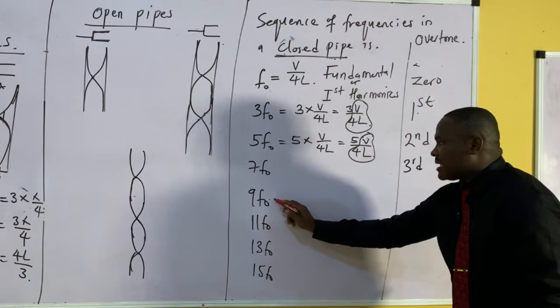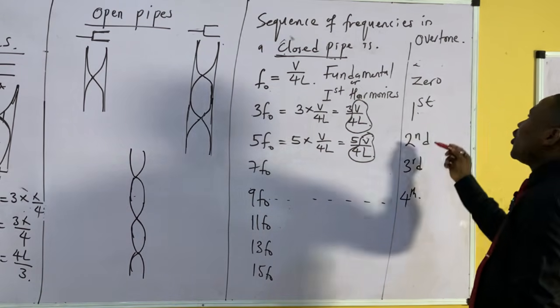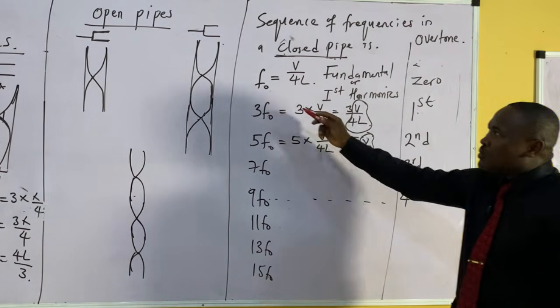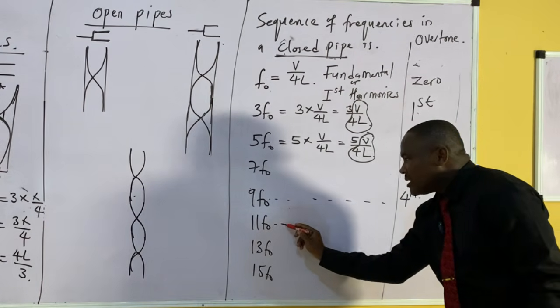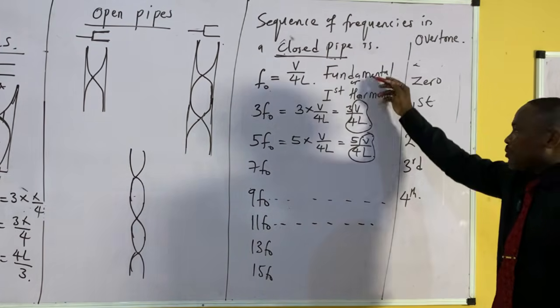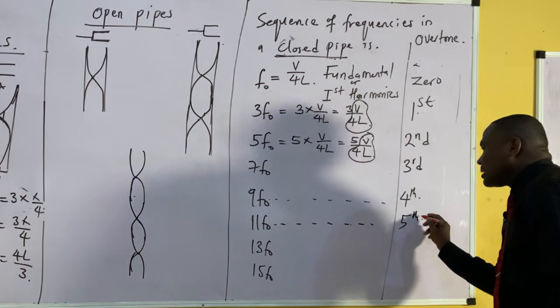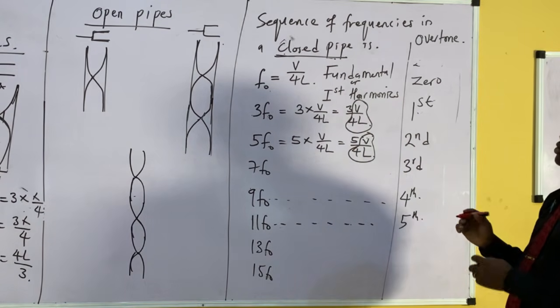This is your ninth harmonics, but your fourth overtone. Overtone follows the natural sequence, but harmonics follow the odd number representation. So this is my 11th harmonics, but my fifth overtone. That's how you read your harmonics against your overtone.